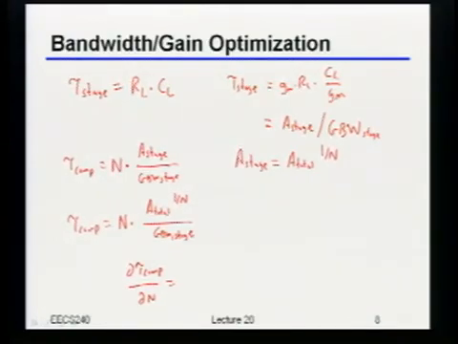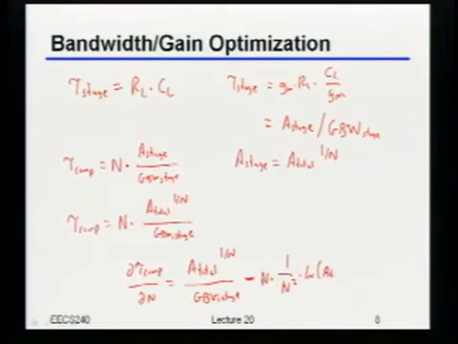Okay? So just to see what the final result ends up being, if we take that derivative, then we get that we want A total to the 1 over n divided by the gain bandwidth of the stage, minus n times 1 over n squared times the natural log of the total gain times A total to the 1 over n divided by the gain bandwidth of the stage. Okay?